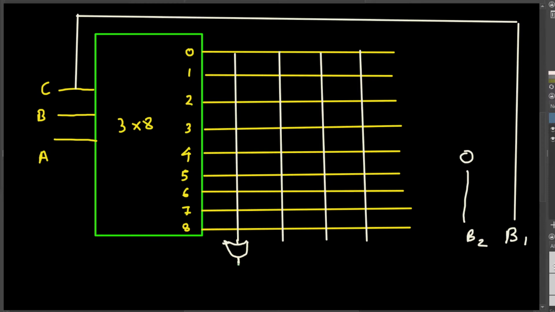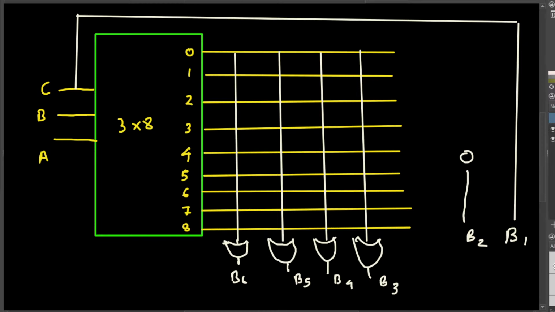And the output is B6 here, this one B5, B4, B3. Okay, that is it.